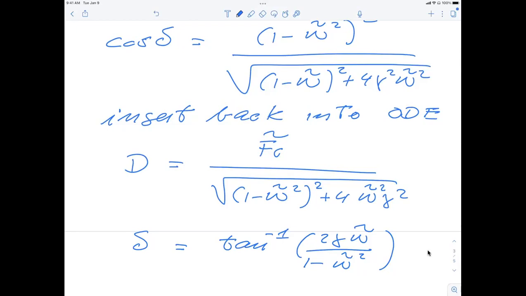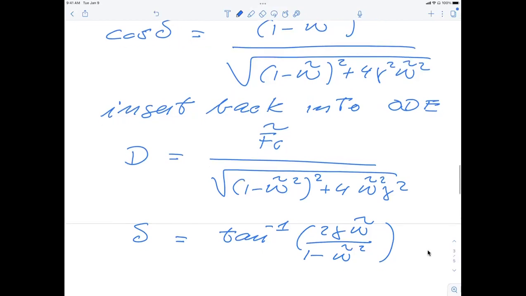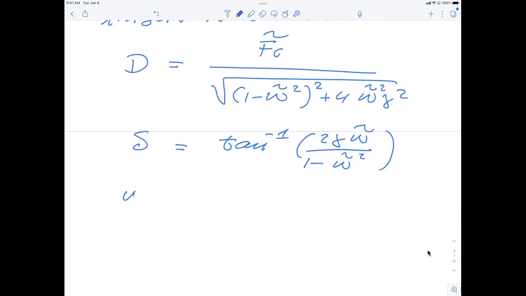So one thing you could think of is that you apply an engine which has the same frequency as the frequency of the system, this omega 0. So let's see what happens in that case. If I put this omega equal to omega 0, the applied, that means that this omega tilde is just equal to 1.